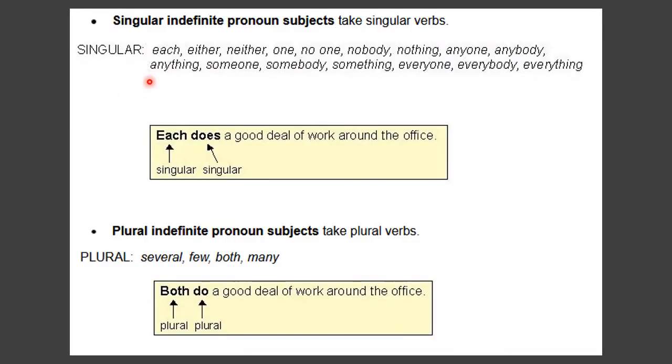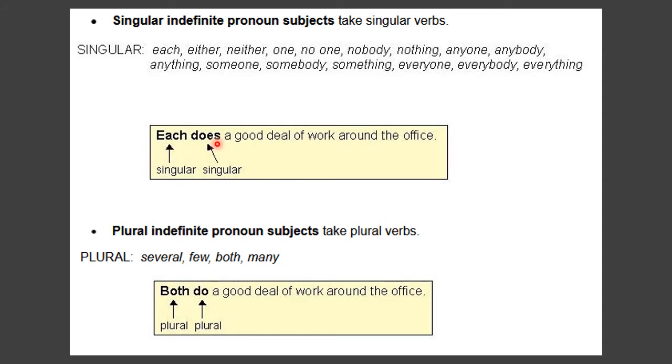Alright, now next one. Singular indefinite pronoun subjects take singular verbs. So what is the meaning? If you see words like each, either, neither, one, no one, anyone, anybody, anything, someone, somebody, something, everyone, everybody, and everything, all these words are singular.